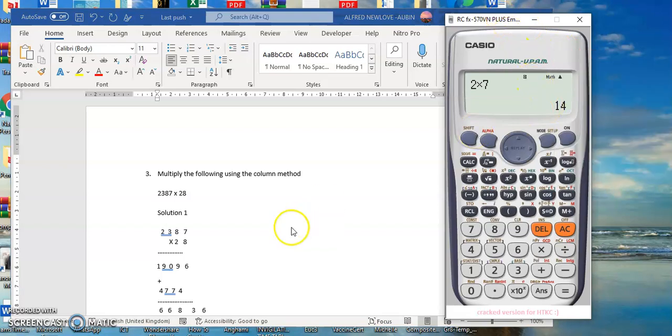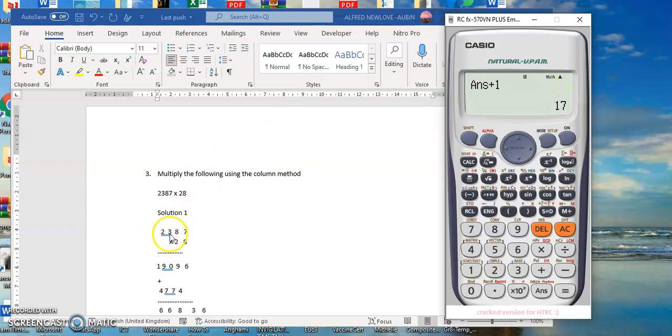Okay. So I'm going to multiply again. So 2 times 8 is what? 16 plus 1, which is going to give us 17. So I have my 17 here. Instead of writing the whole 17, you write only 7. Then carry 1.